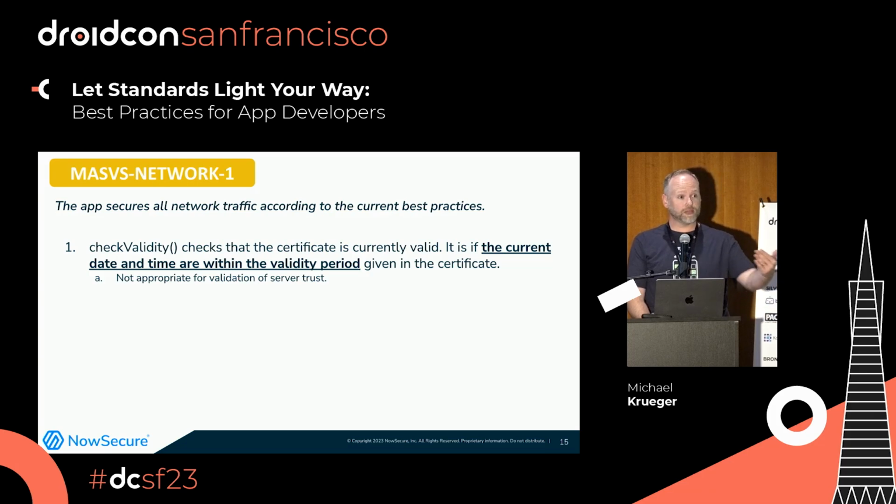So I could still present a self-signed certificate, and as long as the date and time are within the valid issued time, it's still considered valid. So yet again, I trust all certificates. As long as they've been generated recently, as long as they haven't expired, they're still valid.